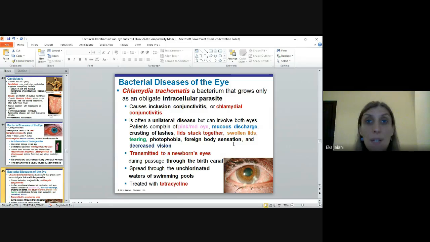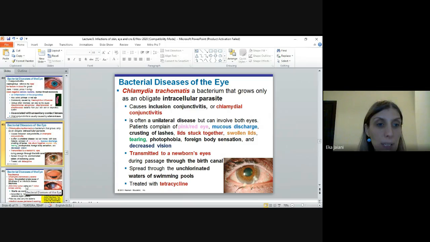Also, Neisseria gonorrhoeae can cause severe eye infections in newborns, leading to blindness. That's why antimicrobial eye medications, which can be ointments, are used in babies. Chlamydia trachomatis can also spread through water when people are swimming and infect the eyes. Antibiotics such as tetracycline can be used to treat this.